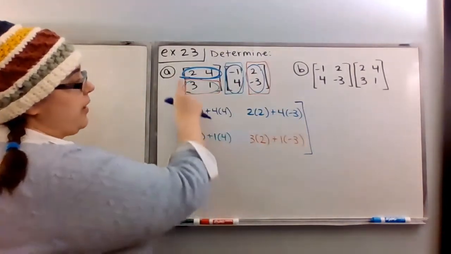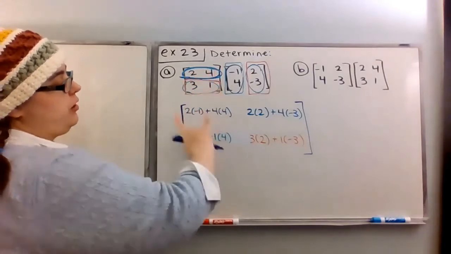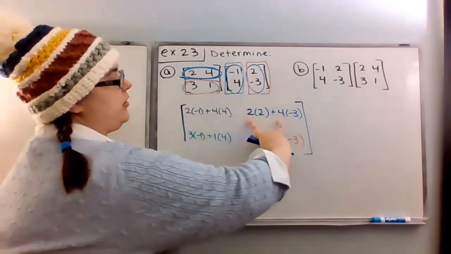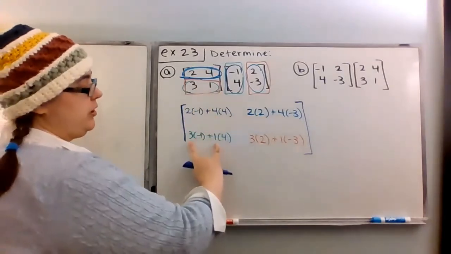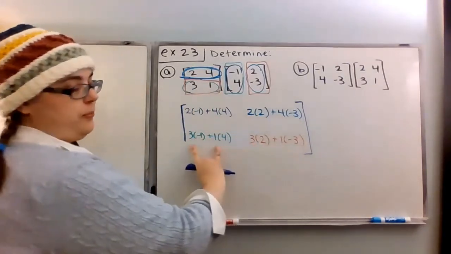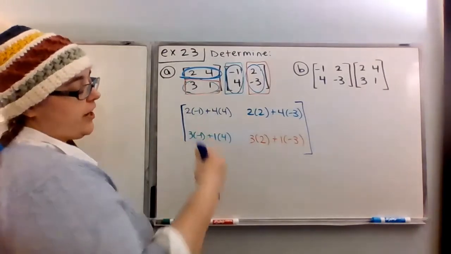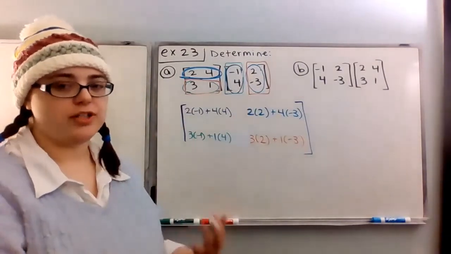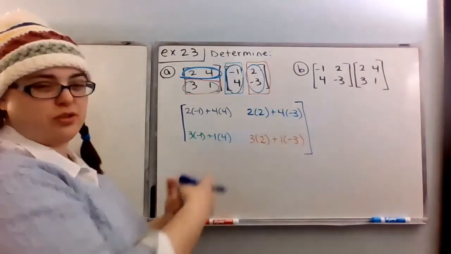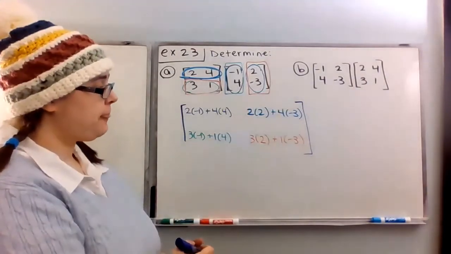Moreover, my row entries here, the 2 and the 4, are showing up in front in the first row. And this 3, 1 is showing up here in this second row. So if you are careful and you write everything consistently, meaning in the same order each time, you're going to end up with this sort of pattern evolving.